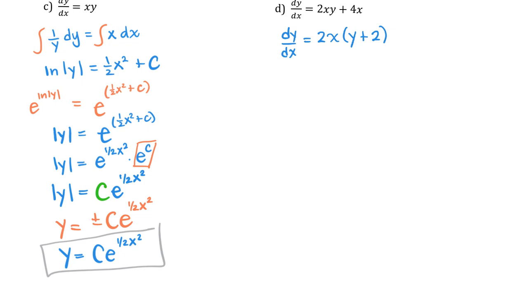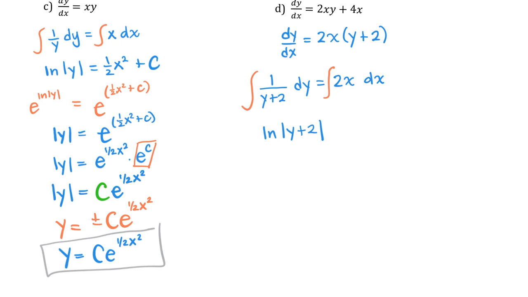Okay, now I can separate it. I'll divide the y plus 2 to the left side, and I'll have the 2x and the dx on the right side. Let me go ahead and integrate. Since it's 1 over y plus 2, I'm thinking ln. So I'm going to do the ln of the absolute value of y plus 2.